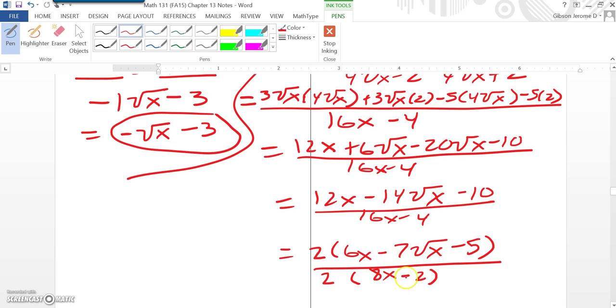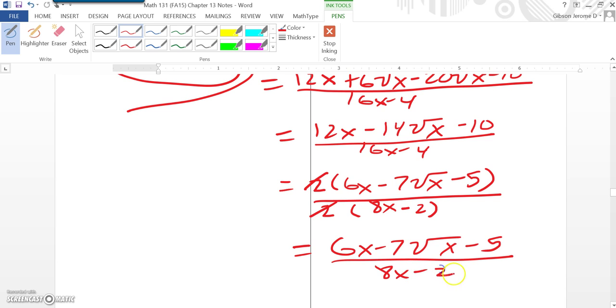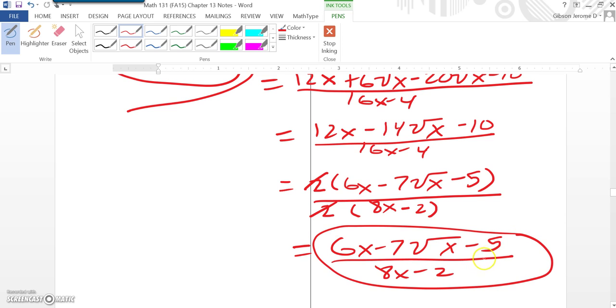So we factor out a 2, that will leave us 8x minus 2. So these 2's will simplify out, and then our final answer will be 6x minus 7 square root of x minus 5, all over 8x minus 2. And we cannot simplify anything else out, so we are done.